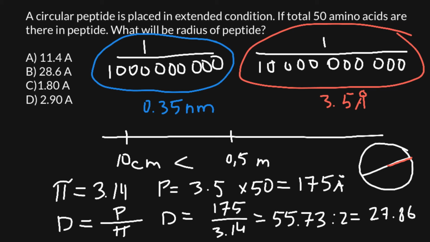So actually, if we need 3 significant figures, we are going to get 28.0. So this is going to be our answer, 28.0, if we need to round it.